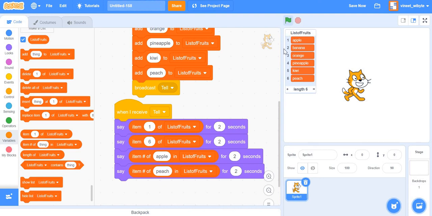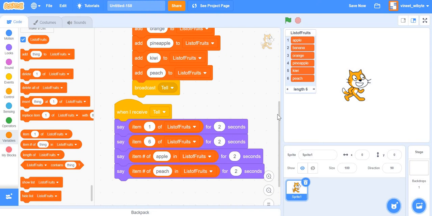Okay. So if I click the flag, first it says apple, then it says peach, then it says one, and then it says six. The reason is because item one of list of fruits is indeed apple, right? Item six of list of fruits says, well, I go one, two, three, four, five, six. These are the labels, like I told you. Inside the sixth box is a peach, right? So item six of list of fruits is peach.